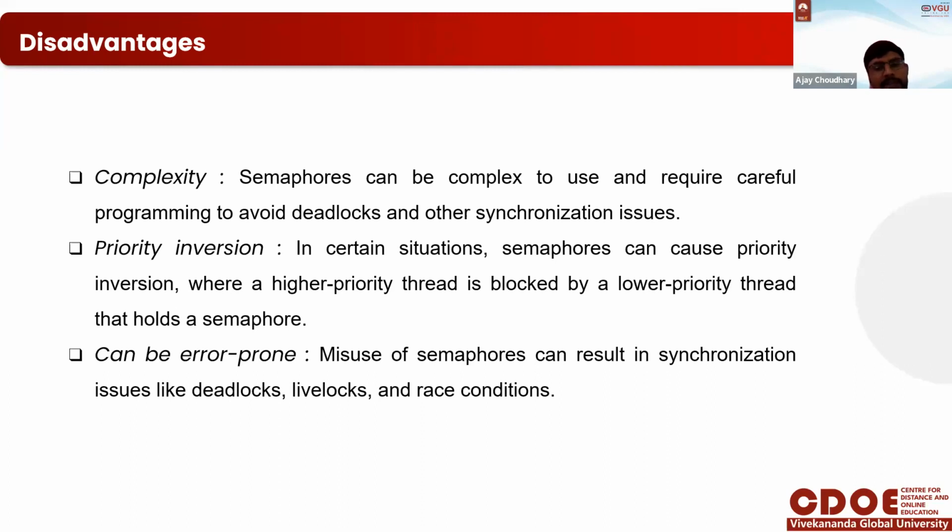That means whenever a thread with higher priority is blocked by a lower priority thread that holds a semaphore, it can be error prone. Misuse of the semaphore can result in synchronization issues like deadlock, livelock, and race condition. These are problems if the semaphore is not properly maintained.